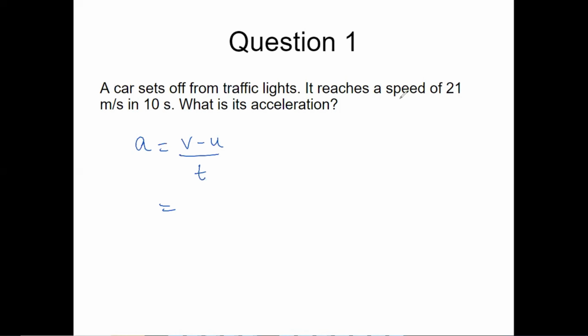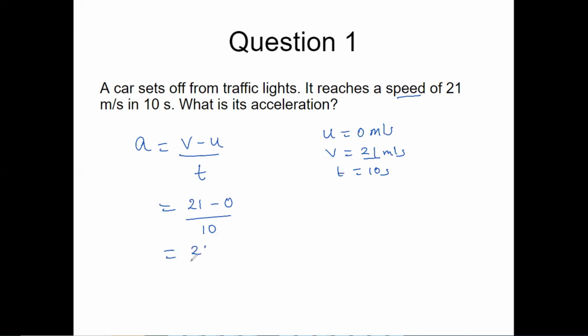Just the way I had just mentioned, we have been given the magnitude of the velocity, which is speed. So if it sets off, it means that the initial velocity is 0 meters per second. The final velocity is 21 meters per second. So if we substitute our values, and T is also there, where there is V, I put 21 minus U, which is 0, over T, which is 10.